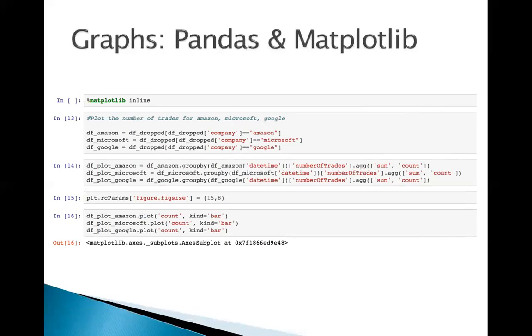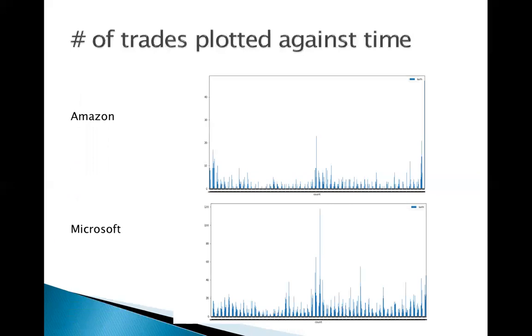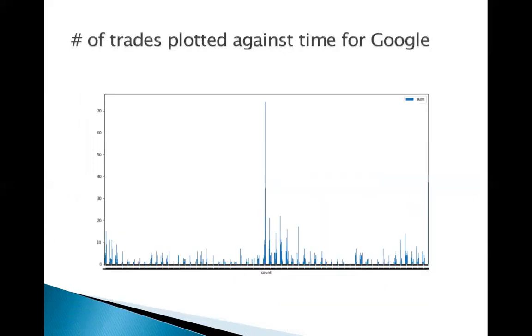In this case, for all three companies, we had three different data frames, and these are the graphs. On the x-axis, we have the date time, and on the y-axis, we have the number of trades. The first one is for Amazon, the second is for Microsoft, and the third one is for Google.